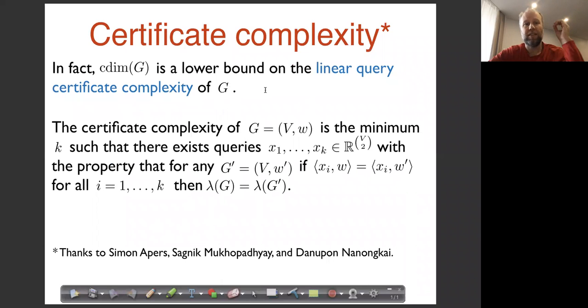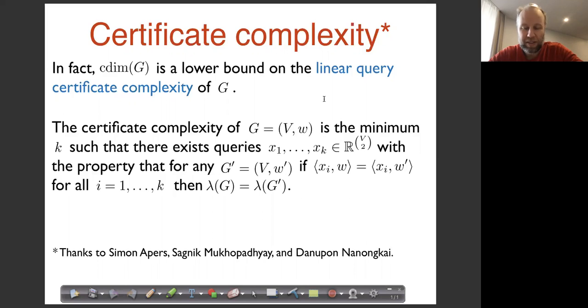In fact, the cut dimension is a lower bound not just on the deterministic cut query complexity, but also on the certificate complexity. This is actually not a point that we make in our paper, so I only realized this later. Thanks go to Simon, Sagnik, and Danupon, because I was talking with them about showing larger lower bounds for deterministic cut query complexity.